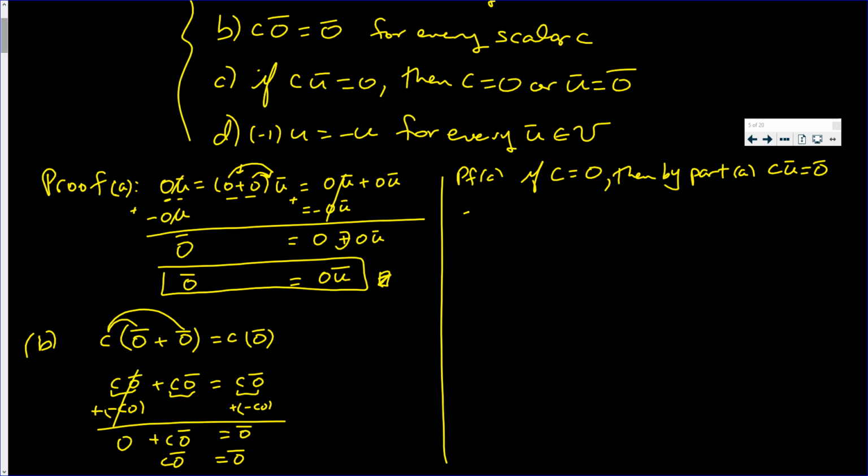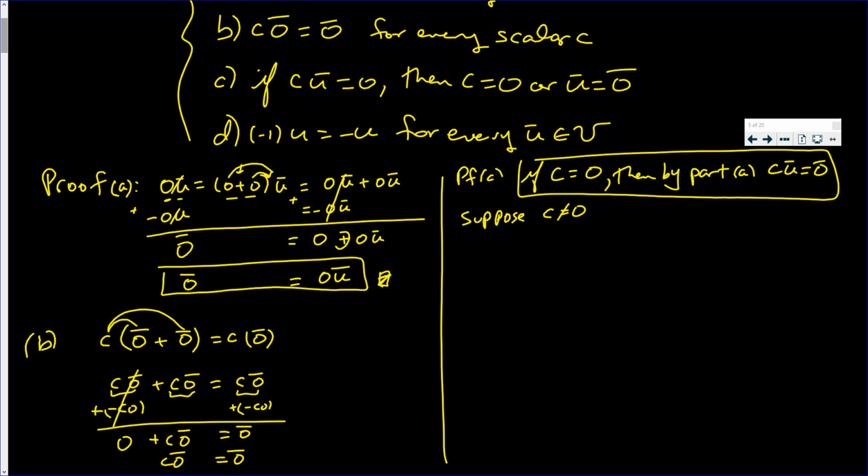Okay, so suppose c is not 0. We talked about what happens when c is 0, and now we're going to talk about when c is not 0. We want to get that u equals 0.